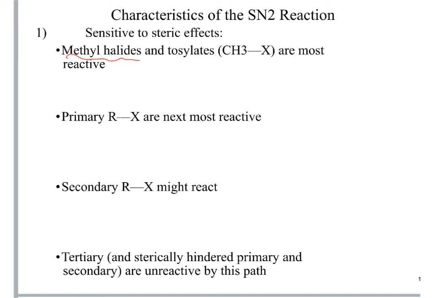So if we have, for example, methyl iodide or methyl tosylate, since hydrogen atoms are small, nucleophile readily approaches the carbon atom from the backside without much crowding at the carbon center to give the corresponding product.